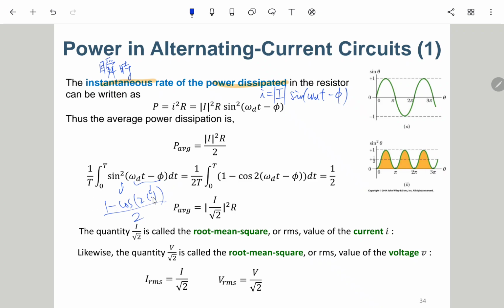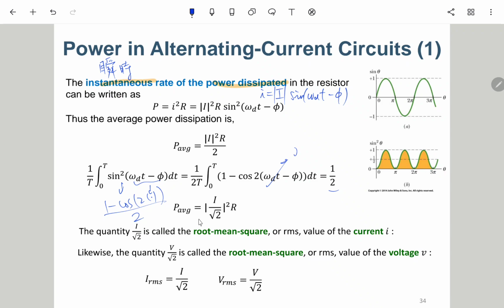And for the cosine of 2 omega t, integrating over a whole period turns out to be 0. So we only have a 1/2 from taking the average of this sine squared. So the P average will be 1/2 of I squared R.